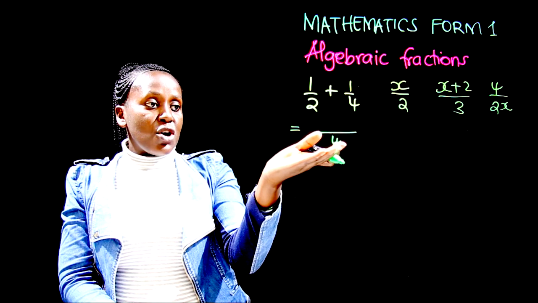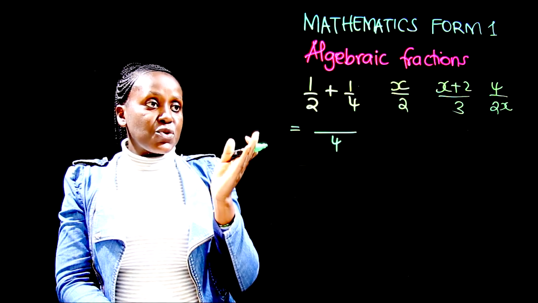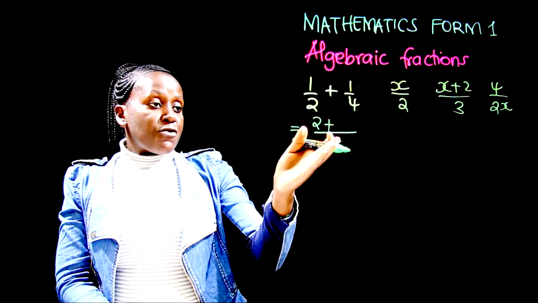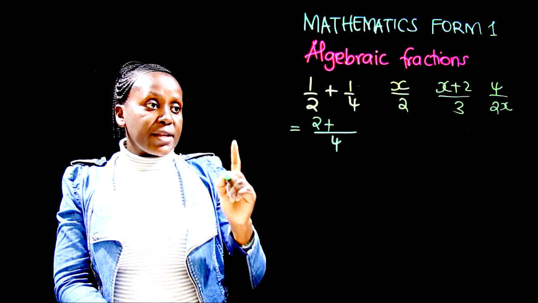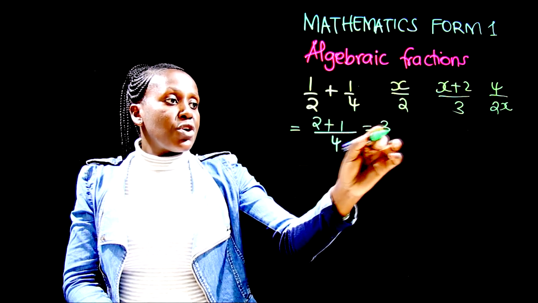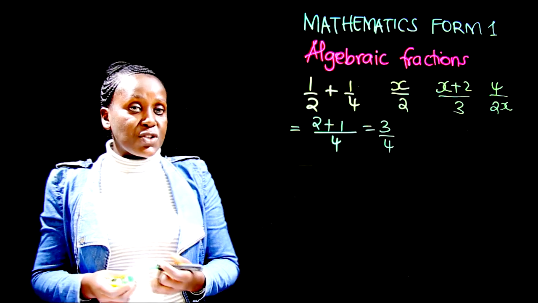Then 4 divided by 2 is 2, times 1, which is 2, plus 4 divided by 4 is 1, times 1, which is 1. And this would be equal to 3 over 4.